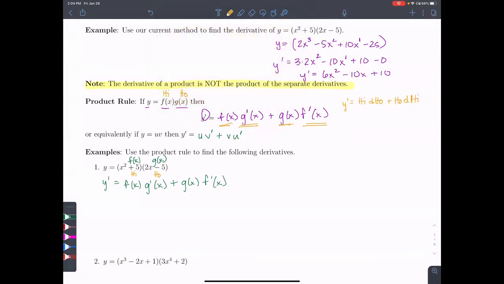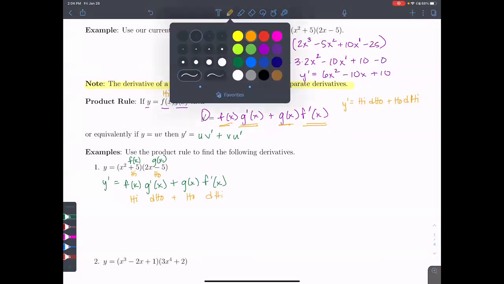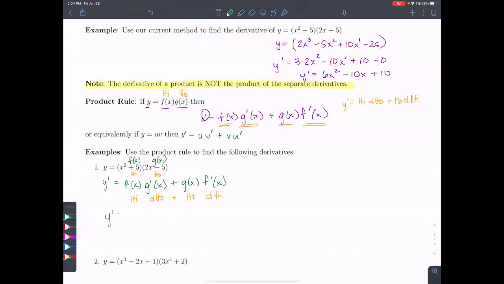Or if you want to write that as high d ho plus ho d high, then we would have here y prime equals x squared plus 5 times the derivative of g of x. So the derivative of 2x minus 5 would just be 2, because the derivative of 5 is 0, and this x has a 1. That's a power rule there. So this would just be 2.